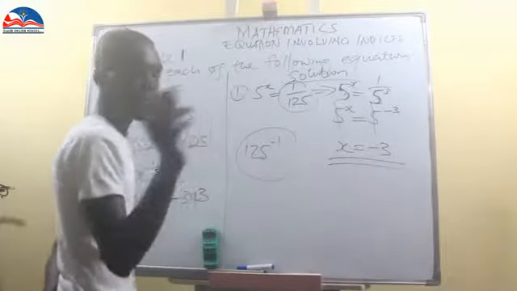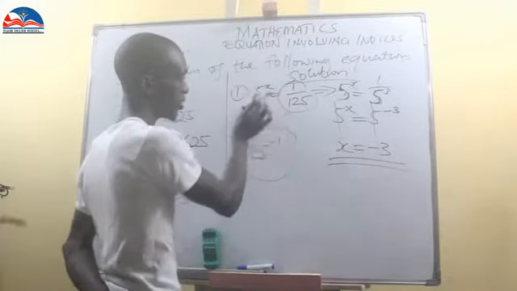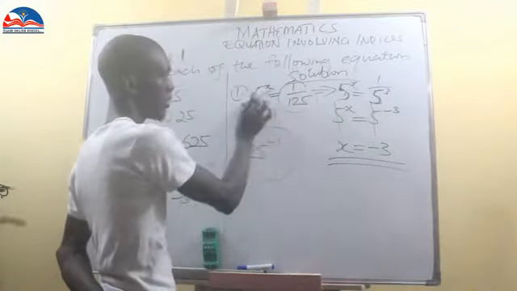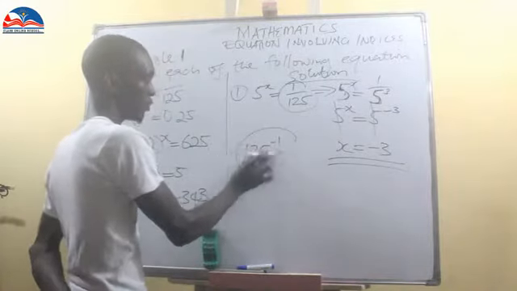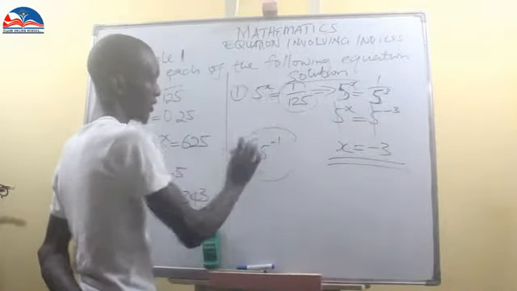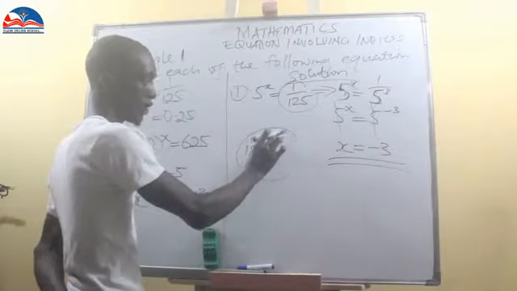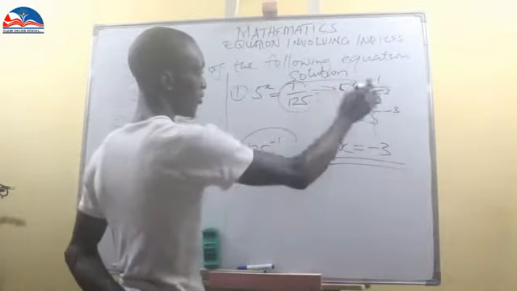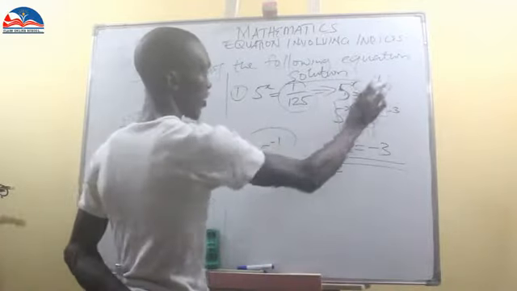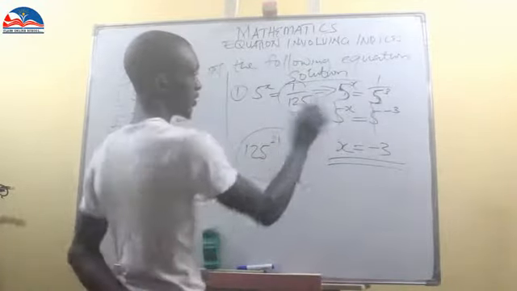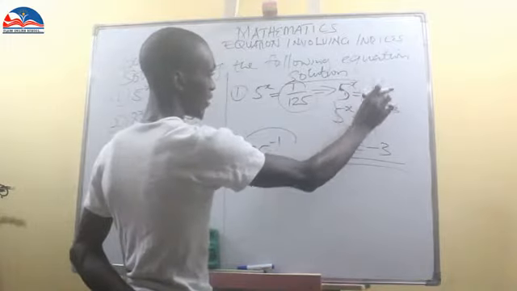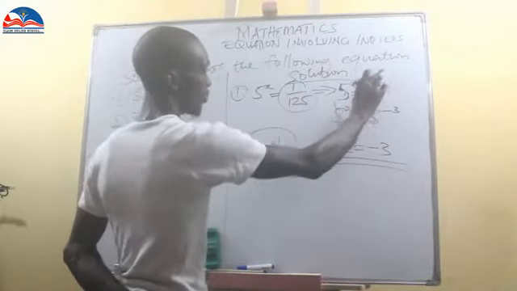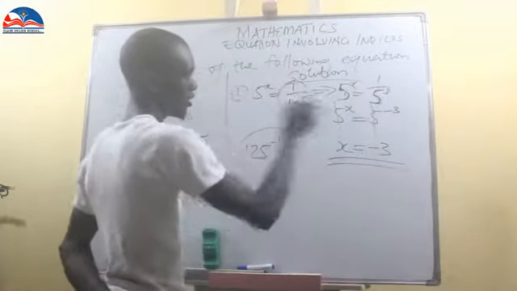So when I put this number in the same base, 5 index x is equal to 125 inverse minus 1. In fractional form I will have 5 index 3 and then 1 over 5 index 3, same base.